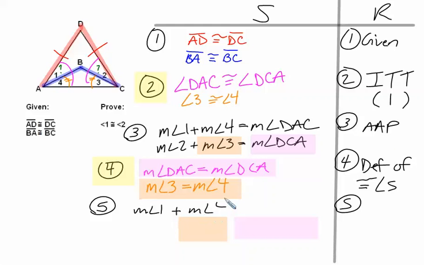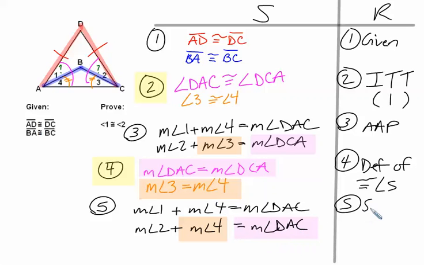So the first equation, we just rewrite it, copy-paste it directly. The second equation is going to become the measure of angle 2 plus the measure of angle 4, we're making that substitution, is equal to the measure of angle DAC, we're making that substitution. Remember that as long as the substitutions come from the same step, we can do them at the same time.